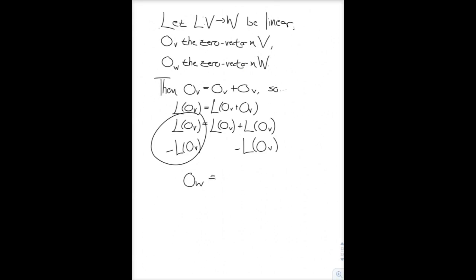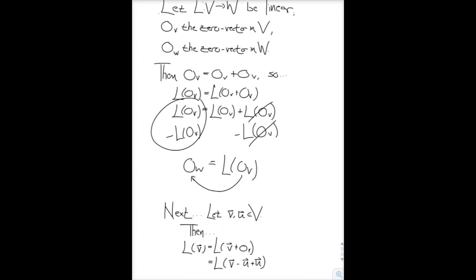On the right-hand side, these two cancel out, and I'm left with one single L of 0 sub V. So I've shown something worth recording as a proposition: any linear map maps the zero vector to the zero vector. L of 0 sub V must be equal to 0 sub W. That is an important property which is used in a lot of proofs. In hindsight, perhaps it seems obvious, but it requires proof and is not listed as a property of linear maps, but as a proposition.